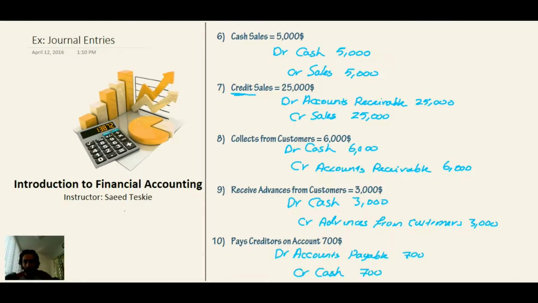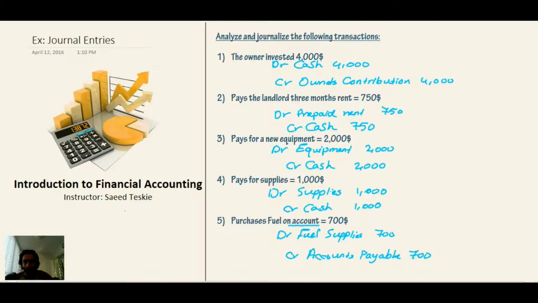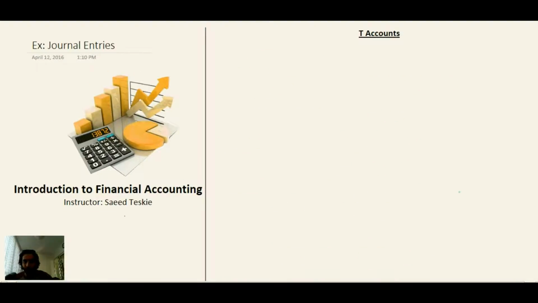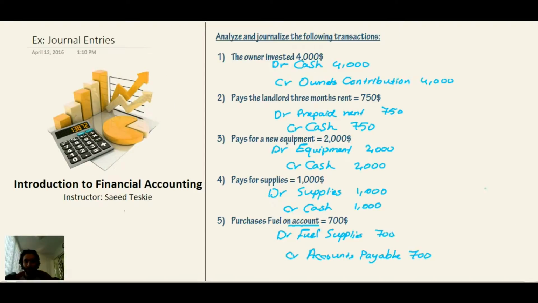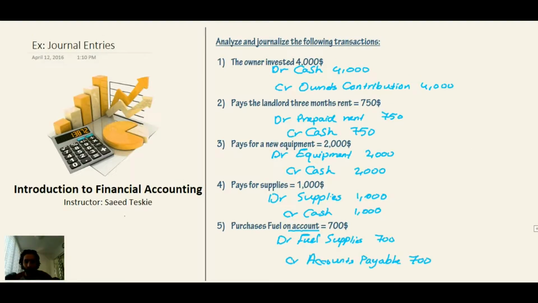Now I will translate these numbers into T accounts to see how we can make T account entries. So I will start with the first transaction here. We debited cash for 4,000 and we credited owner's contribution for 4,000.